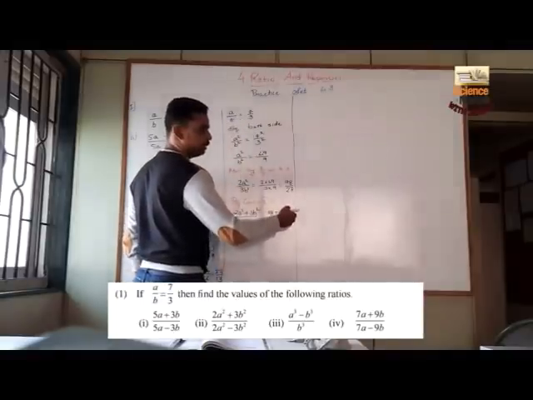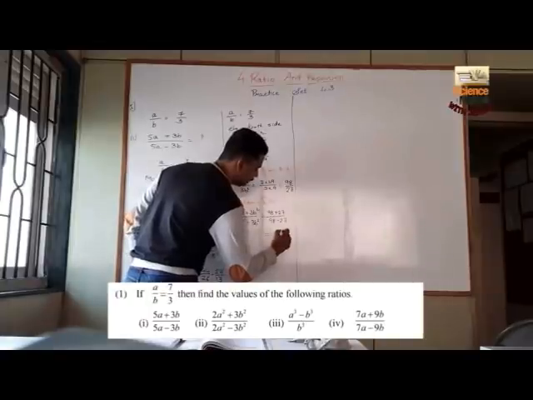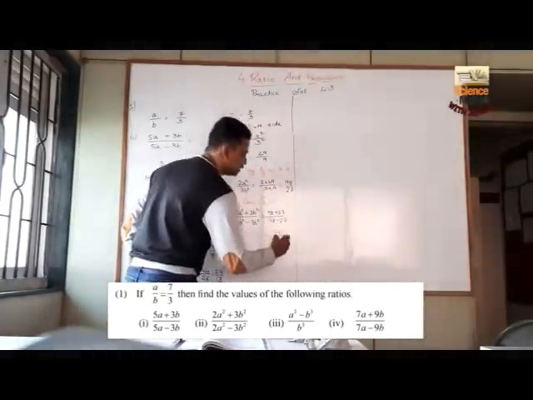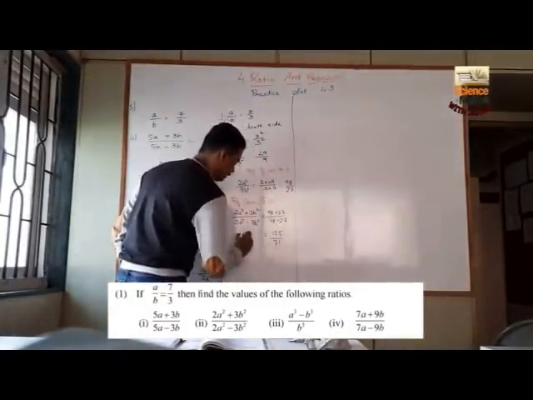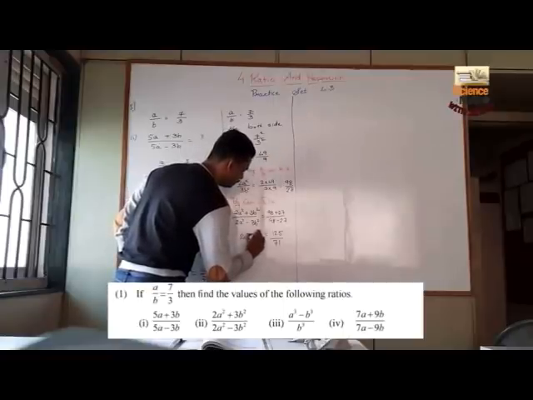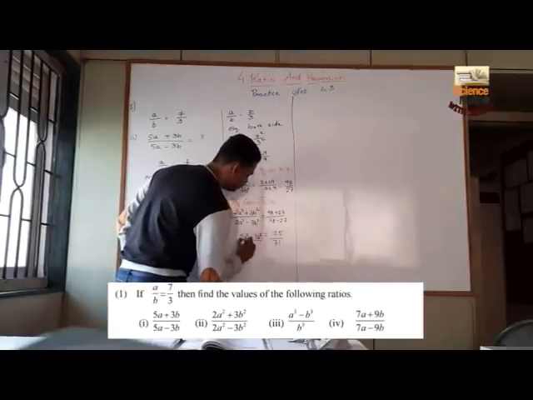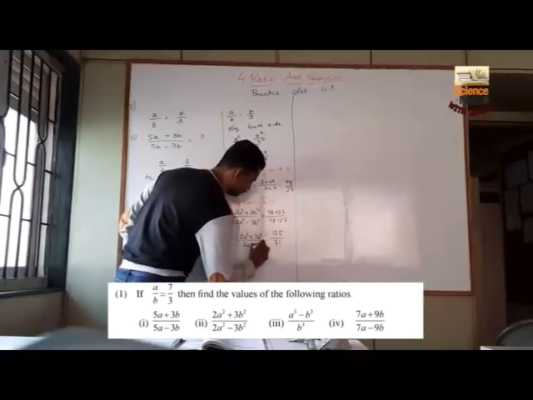On adding 27 I get 125, and 98 minus 27 will give me 71. This is my answer for sub question 2 of the first question.